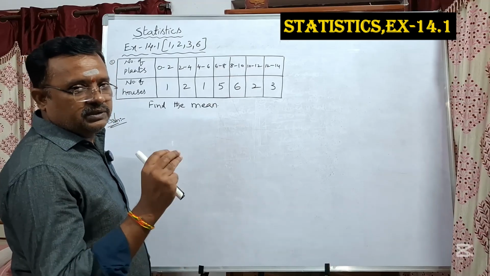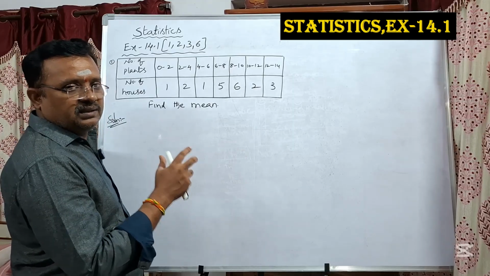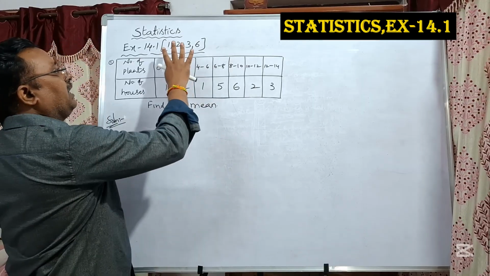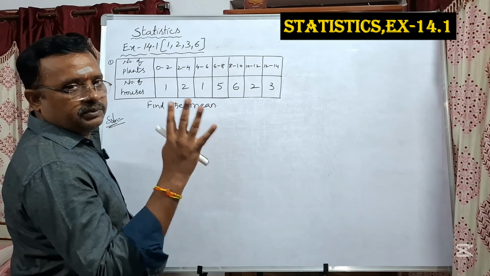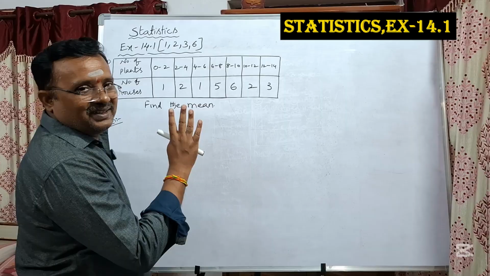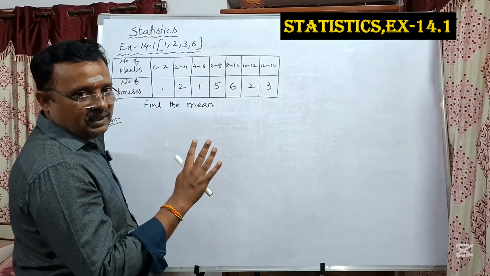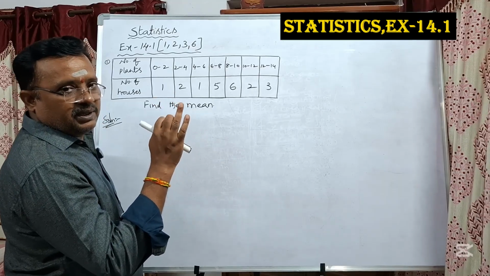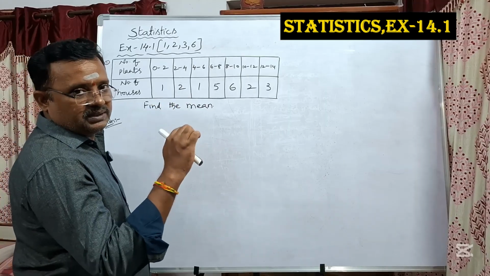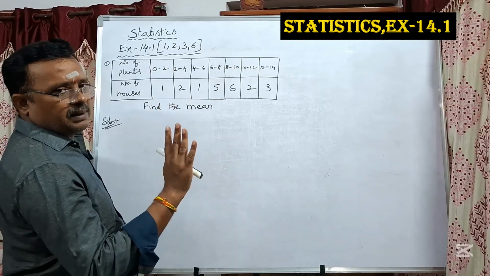Similar model questions will come from outside. So learn the procedure and content from these sample problems. That's why I have taken 4 sample problems from this exercise: 1, 2, 3 and 6. For these, we will apply the direct method, deviation method, step deviation method, and one problem with a missing frequency. So all models will be covered.